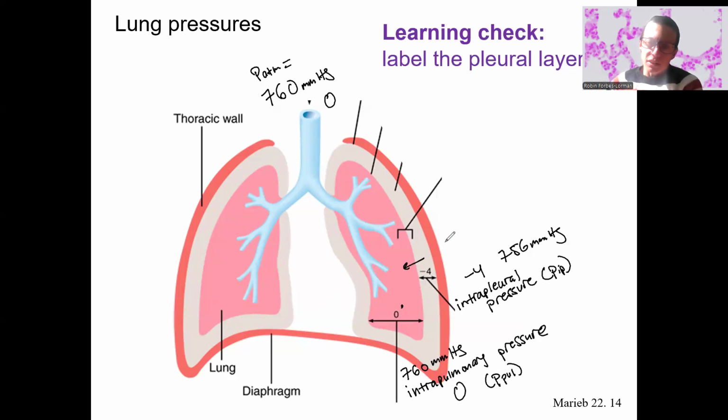So it's always relative to this. This is always more negative compared to our P-pul. That keeps the lungs inflated, keeps them from collapsing. It's a negative pressure. If this was zero, our lungs would not stay inflated anymore.